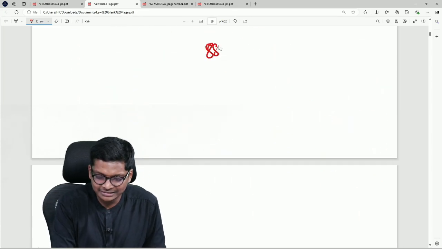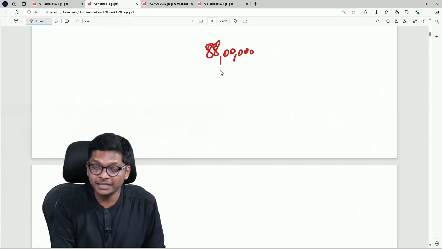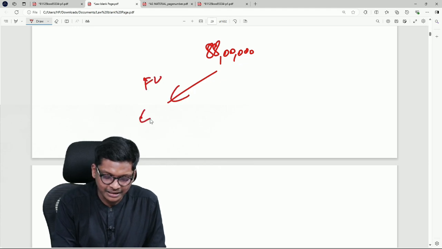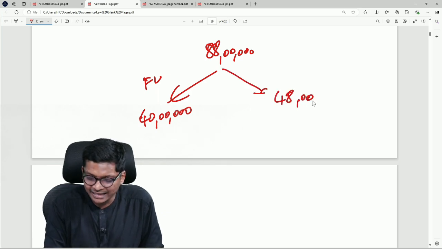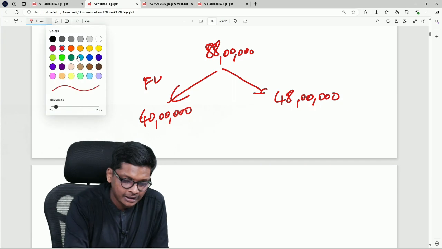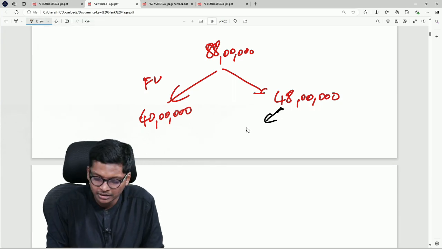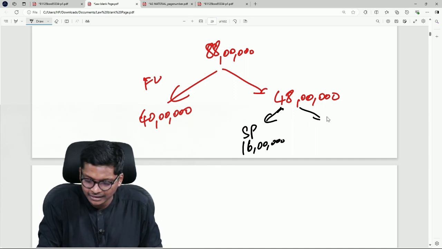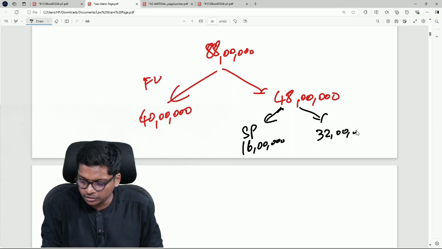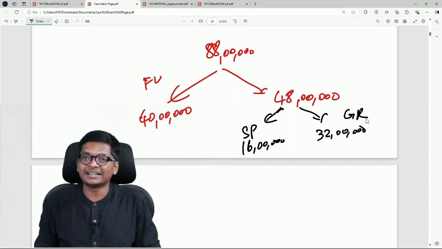So in this 88 lakhs, face value of share capital is 40 lakhs, which is given in the question, 4 lakhs into 10. Remaining 48 lakhs I should use from my reserves. In this question already told, from securities premium you will use 16 lakhs. Therefore, if you do 48 minus 16, remaining 32 lakhs you can use from your general reserve.